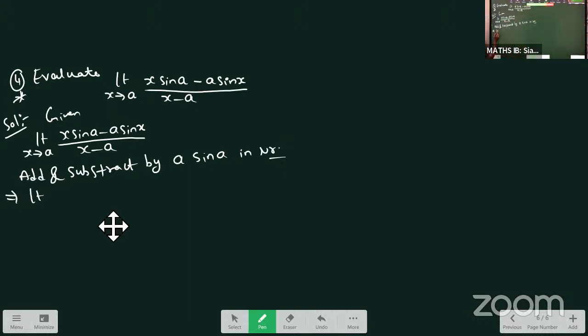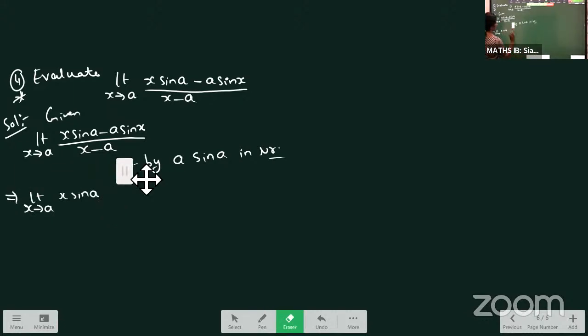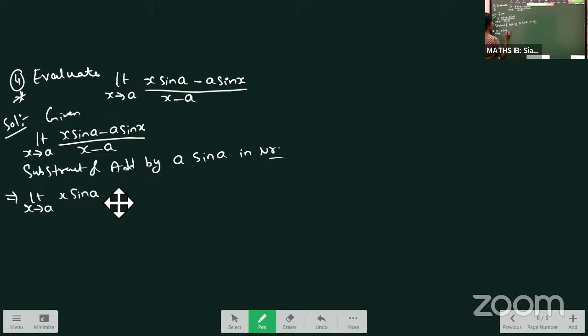So limit x tends to a, x sin a. Now first subtract, then add. The subtracting term is minus a sin a. Next adding term is plus a sin a.